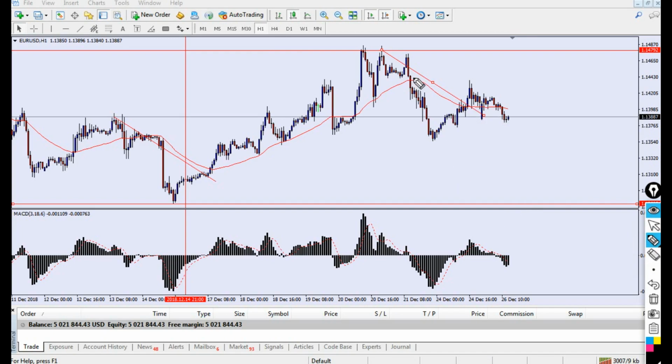Now we are here, and we are thinking that the market needs to go to this moving average, so we are thinking the market must touch this moving average.